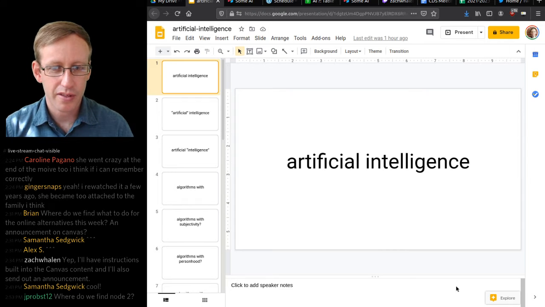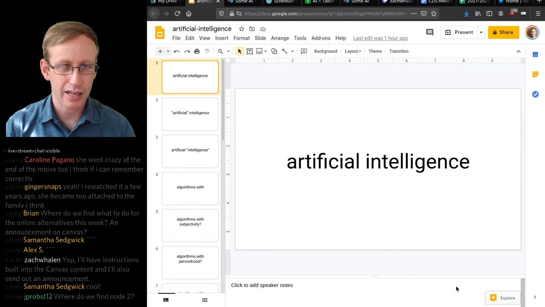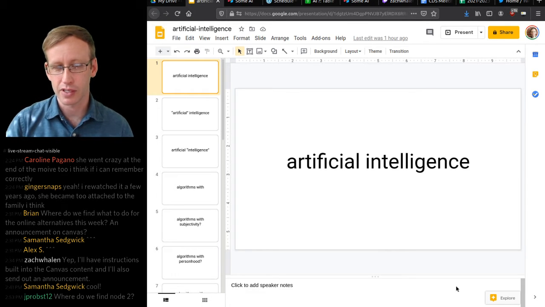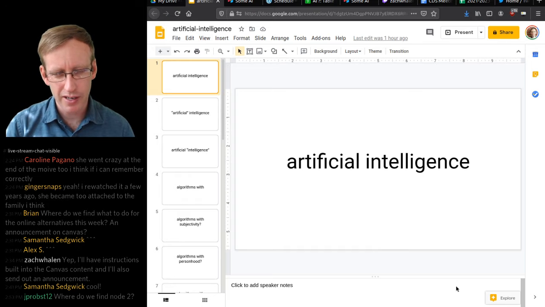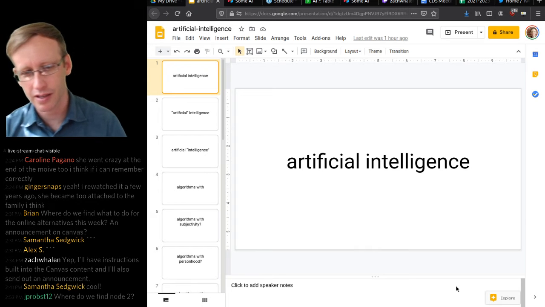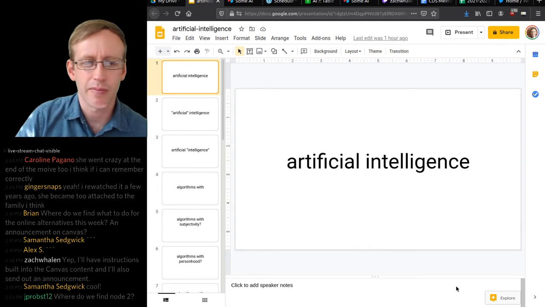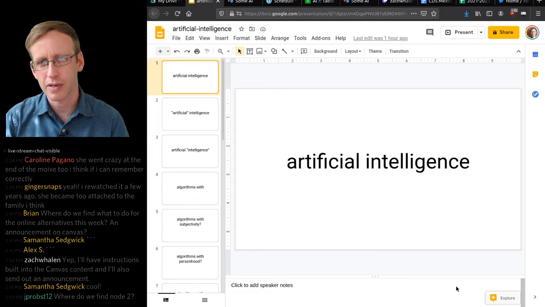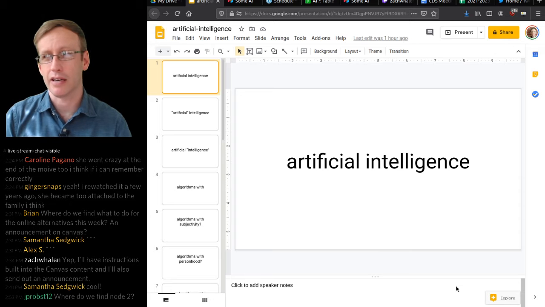So I am considering putting the content parts of these nodes in Canvas modules and then linking to the Collab notebooks for the programming part of it. And then the structural, logistical, who needs to be where part of it, I'm not sure of the best way to do that. I don't know if the module will work for that, if I need to do branching paths within the module, if I even can. Maybe I can. I don't know.